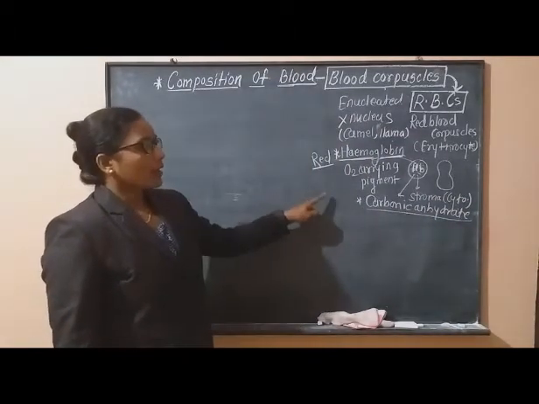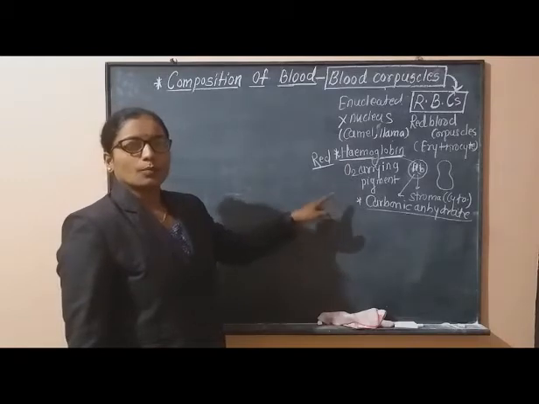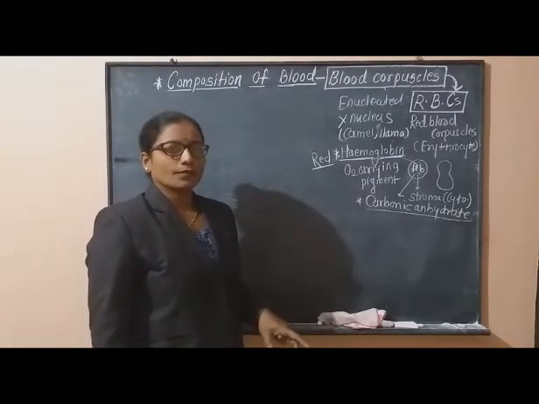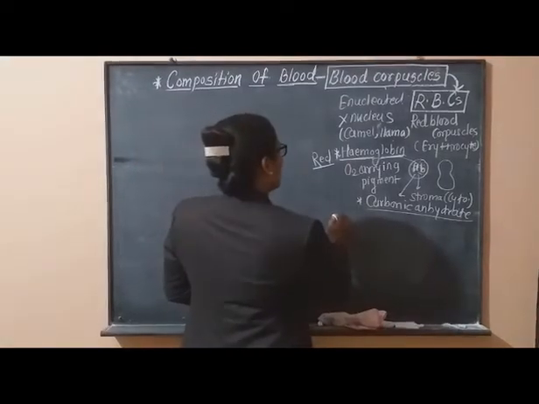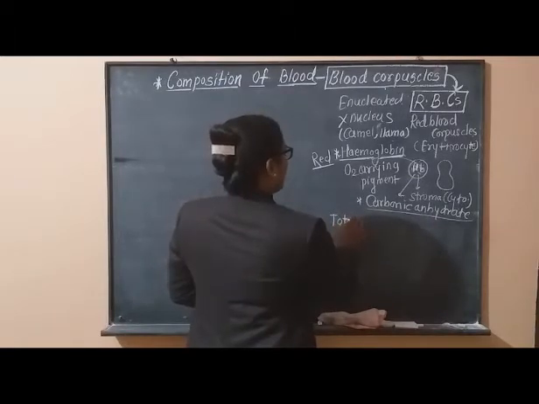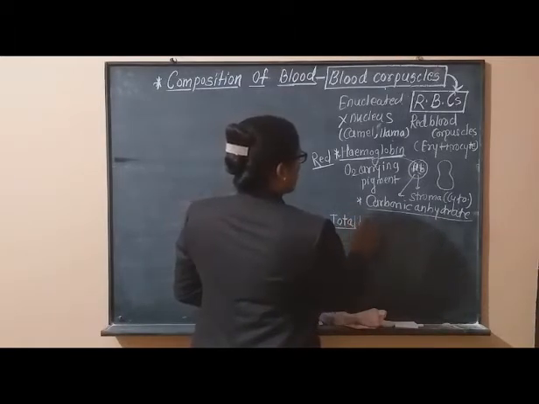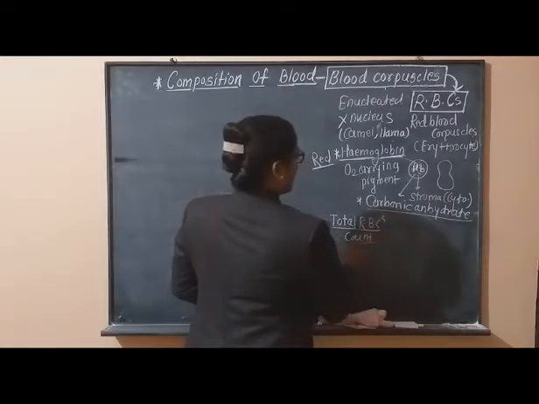Now the RBCs which are present in the human blood show the total RBC count. Means how many RBCs are present in our body. It is called total RBC count.